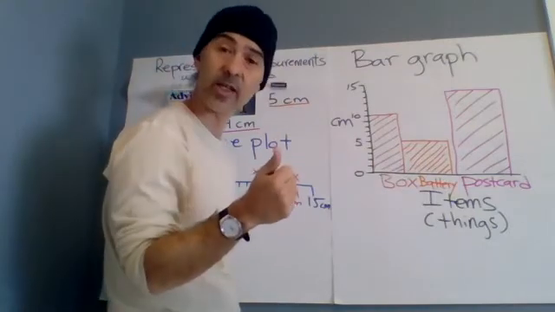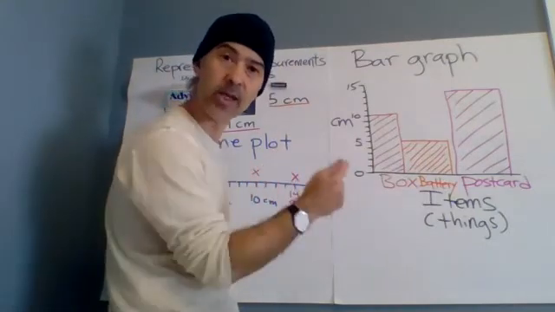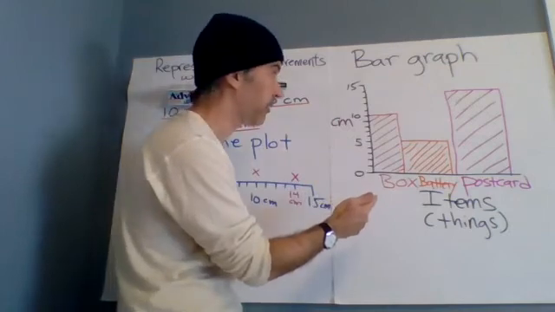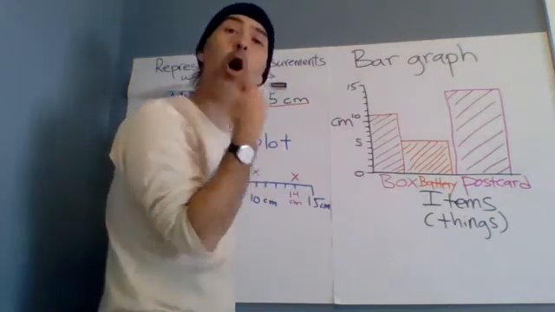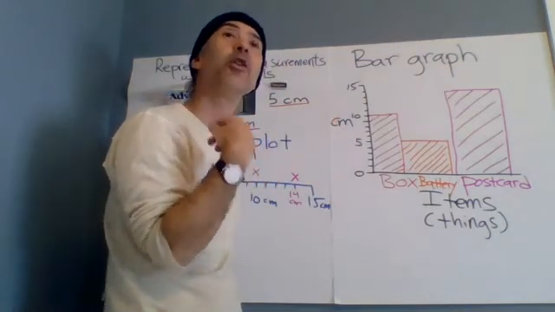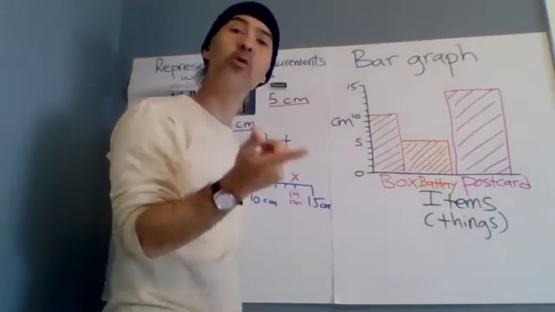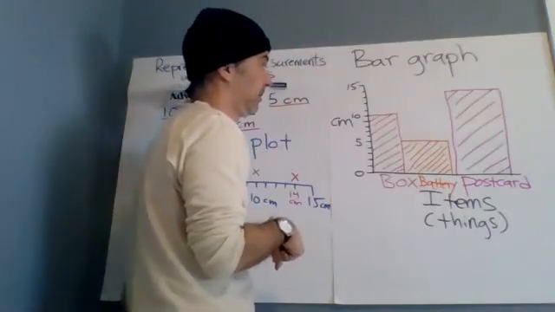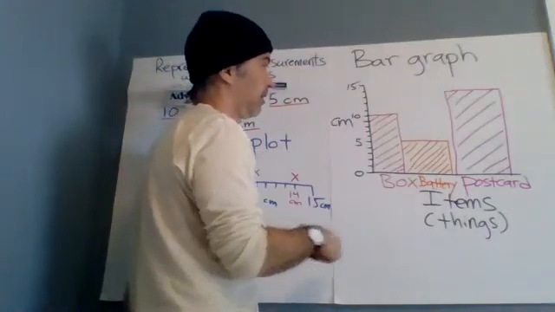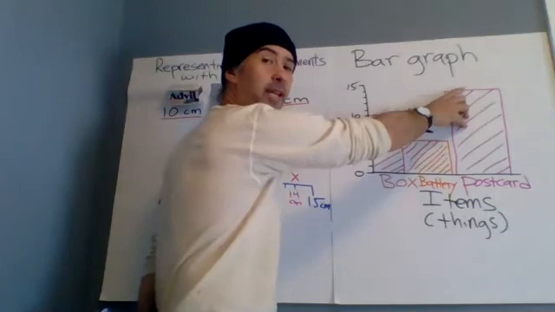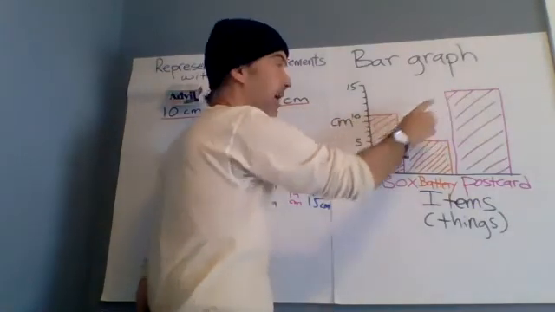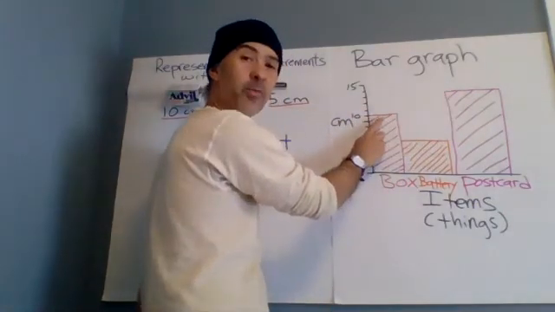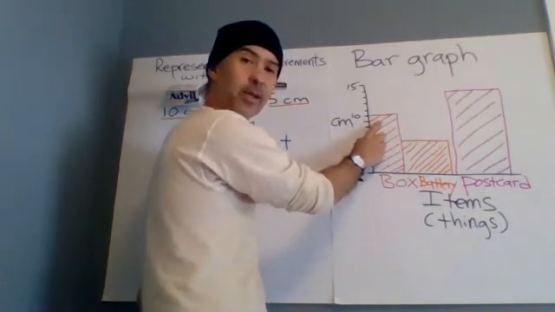Now, here's a question. I want you to try this. Looking at our bar graph, how much taller, how much longer was the postcard than the box? So the postcard was 14 centimeters, and my bar graph shows the box at 10 centimeters.